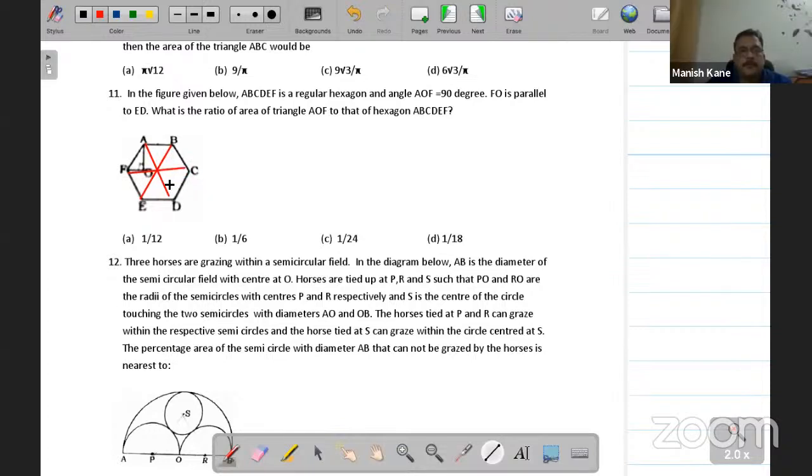Right? Now, if you look carefully, this AFO is actually half of each equilateral triangle.